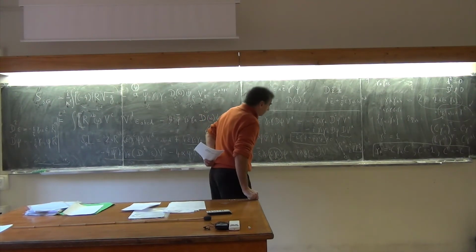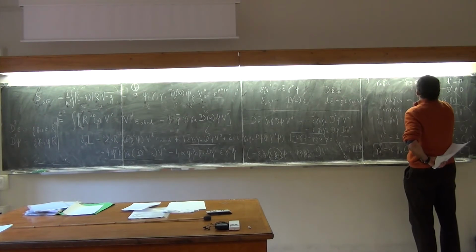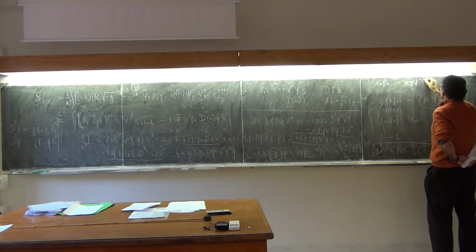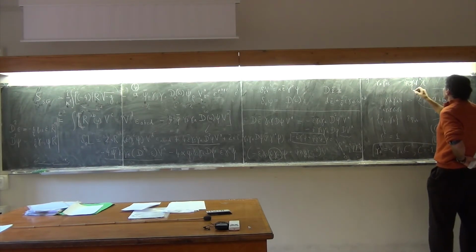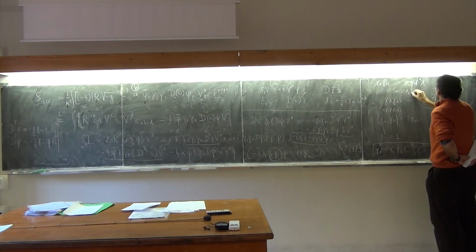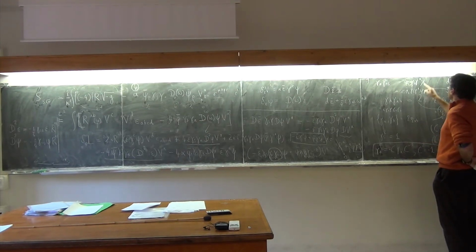You can check it easily, in the sense that you have psi bar gamma 5 gamma A chi. If these are two one-forms, this would be equal to minus chi gamma 5 gamma A psi.